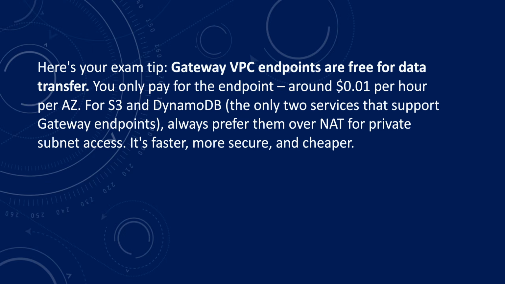So always prefer them over NAT for private subnet access. It's faster, more secure and cheaper. So whenever the question is asking for cost optimization for DynamoDB or S3, we should always go for the VPC endpoint. The VPC endpoint is the fastest, more secure and cheaper. So this was the tip.